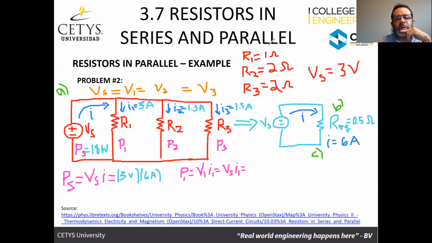This is going to be equal to 3 volts multiplied by current 1, which is 3 amps. So that means that the power for resistor 1 is going to be 9 watts, I'm sorry.